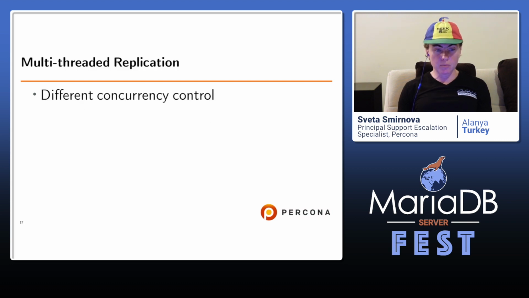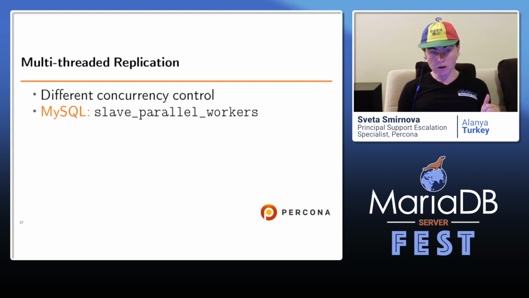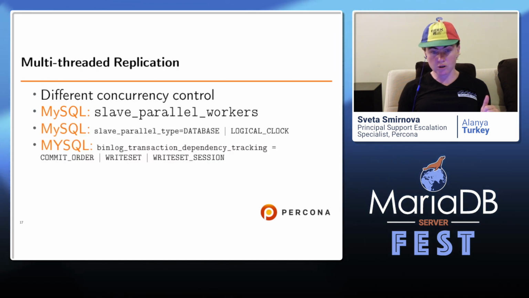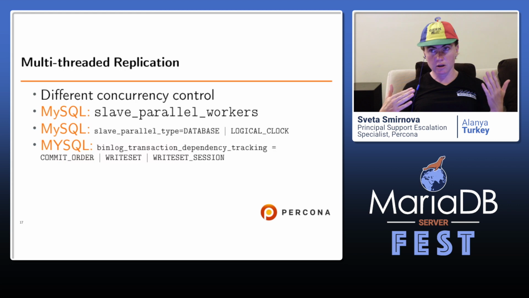Multi-threaded replication is supported again by both products, but concurrency control is different. MySQL has the option slave parallel workers, the number of SQL threads which can run statements in parallel. It has a parallel type, either database or logical clock.